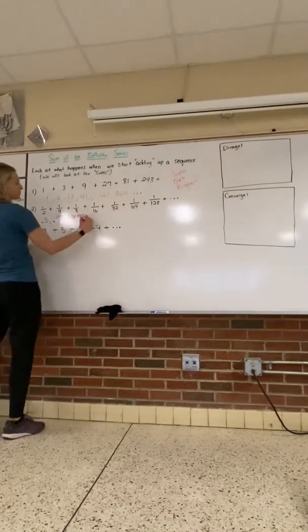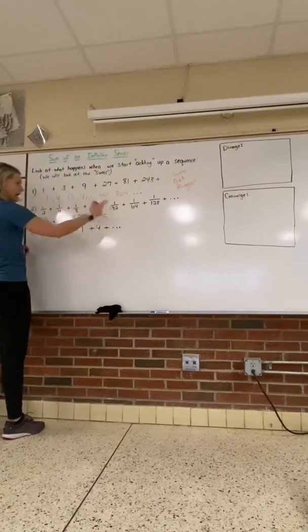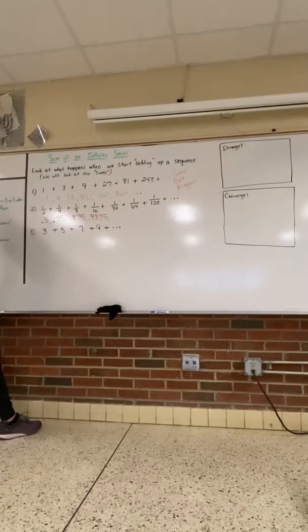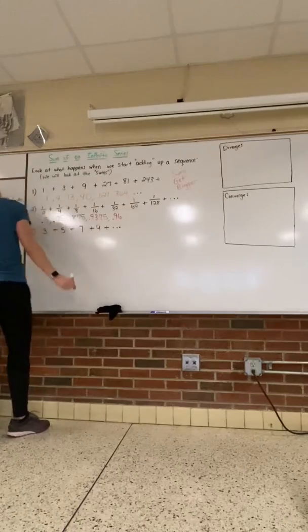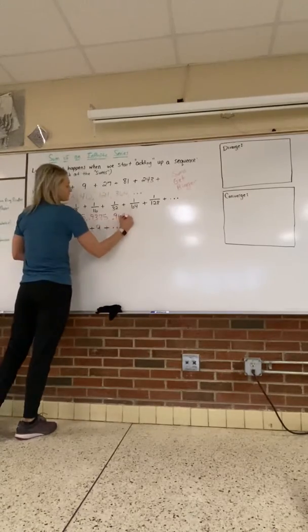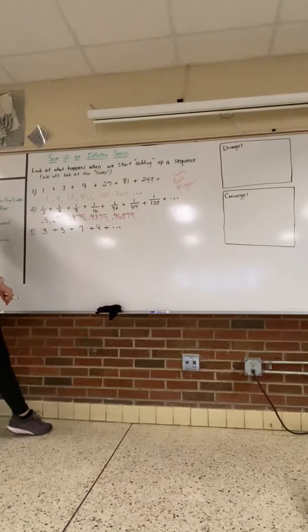So I get 0.9375, and then I'm going to add in my 1/32. So that's 0.96875. And then I'm going to add in my 1/64.